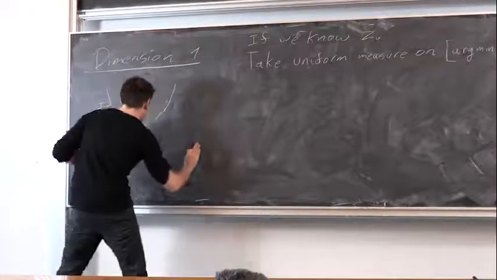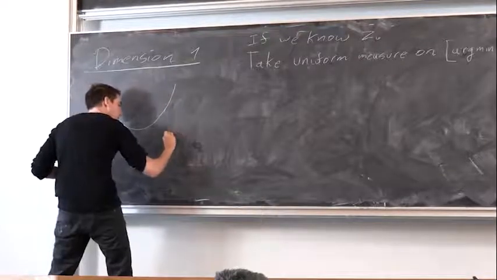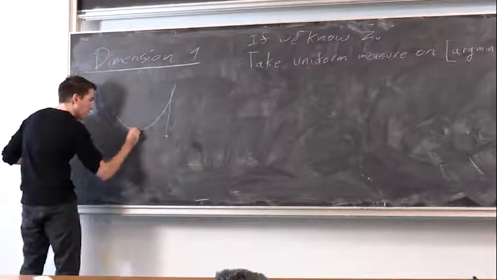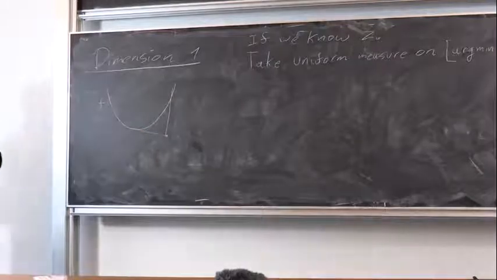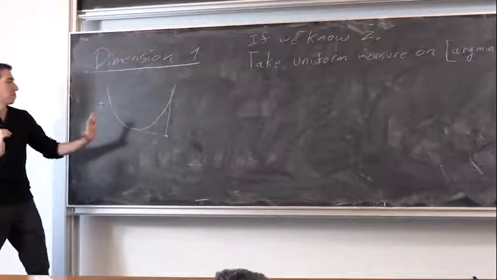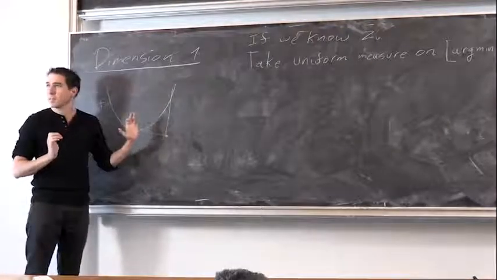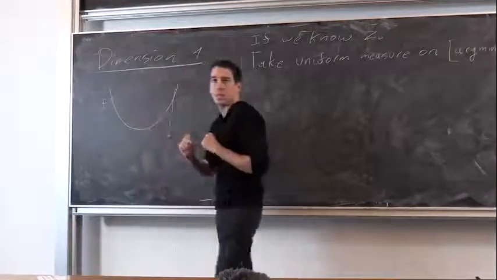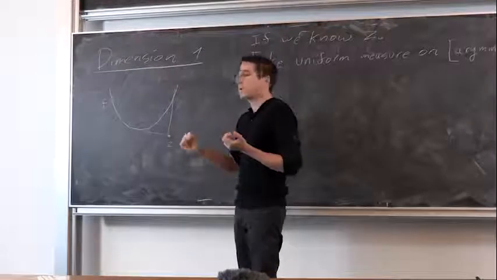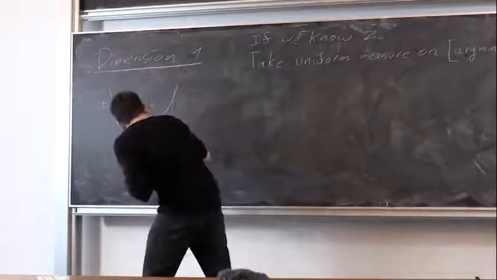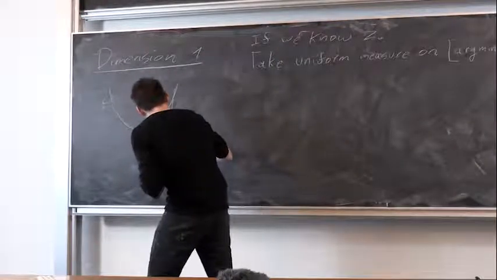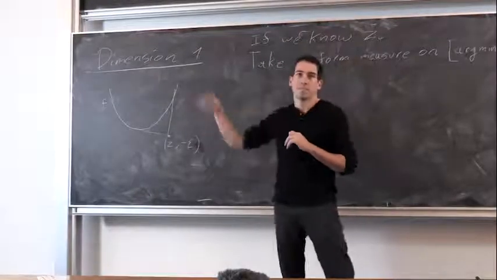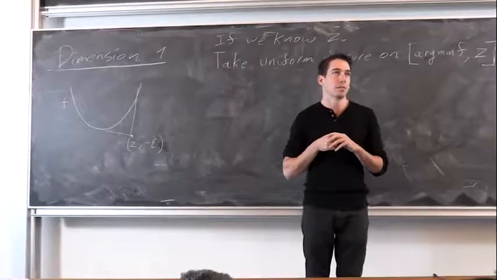So this is f, this is z. And for intuition, it makes sense to think that once we know where z is, the only thing we know about g is that it passes through the point z, minus epsilon, as a point in the graph in R2.